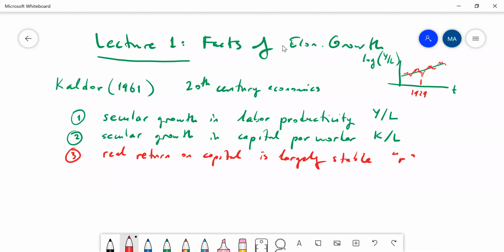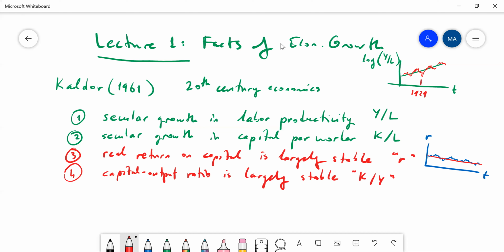Now, why is that important? Well, in the Harrod-Domar model, remember, capital output ratio is a fixed number. In the later models, you're going to see, for instance, the Solow growth model in a couple of weeks, it doesn't have to be stable.